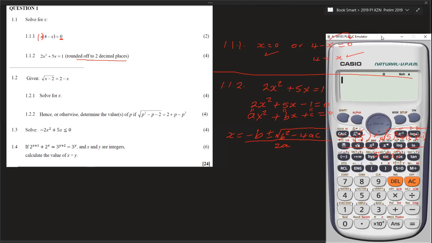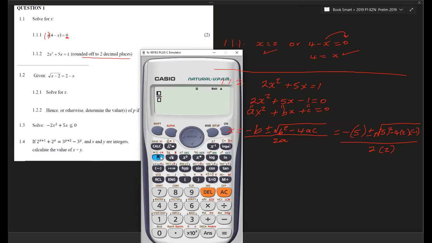Let's put this on the calculator. For the plus minus, I usually just start with a plus and later come and put a minus.